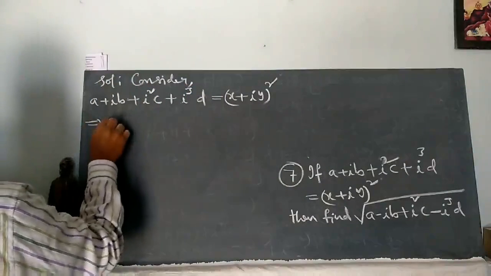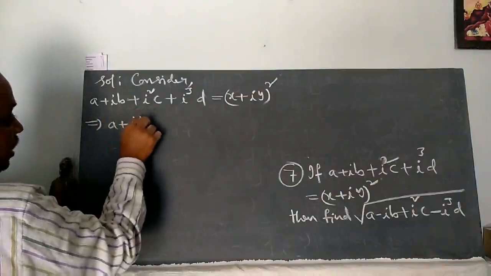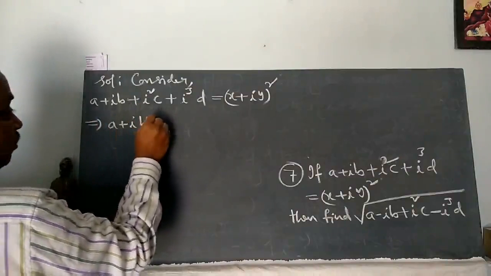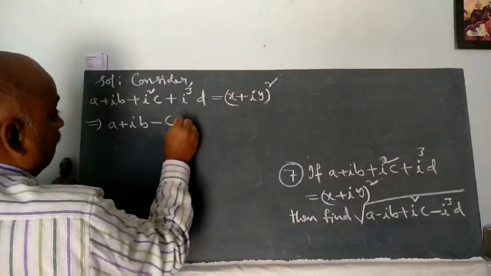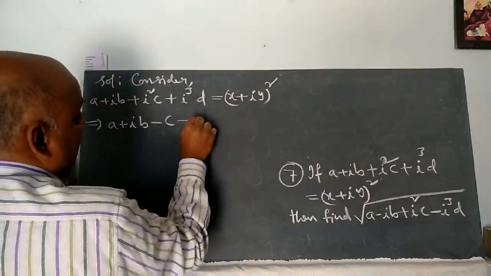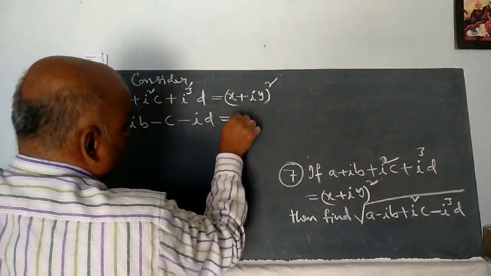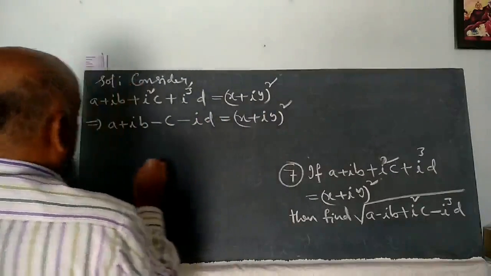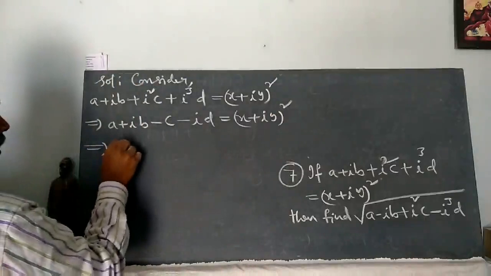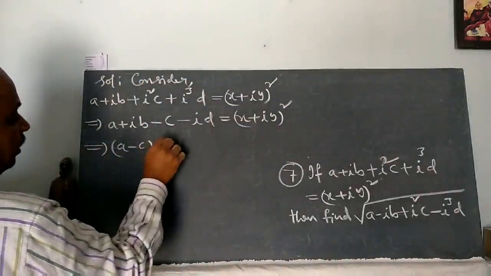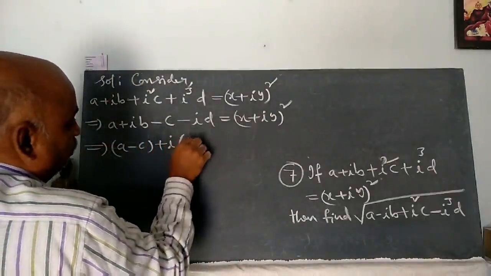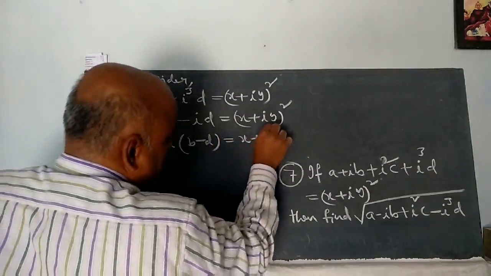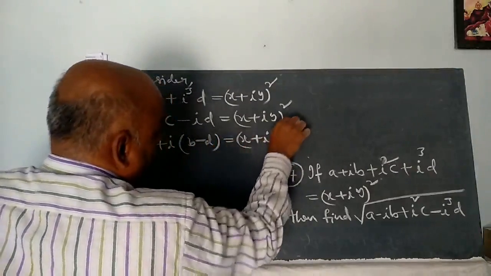This implies a + ib, i² value is minus 1, so minus c, i³ value is minus id, is equal to (x + iy)². So this implies (a − c) + i(b − d) = (x + iy)².